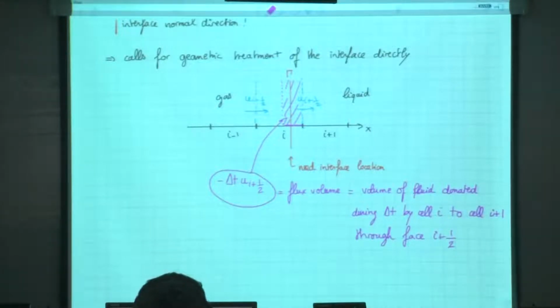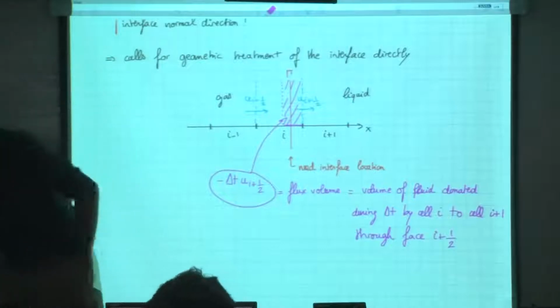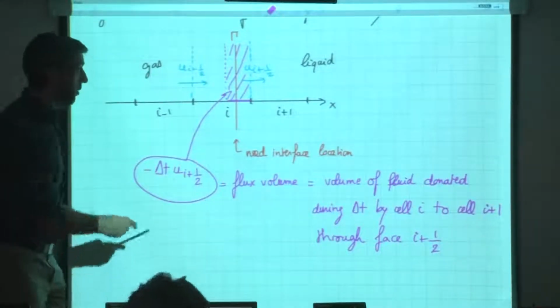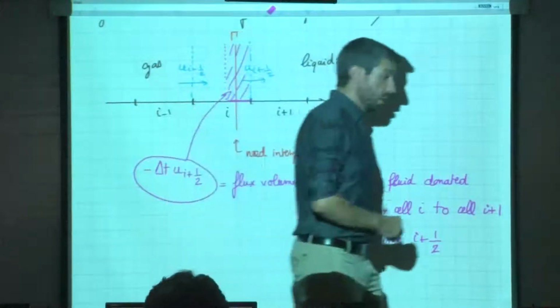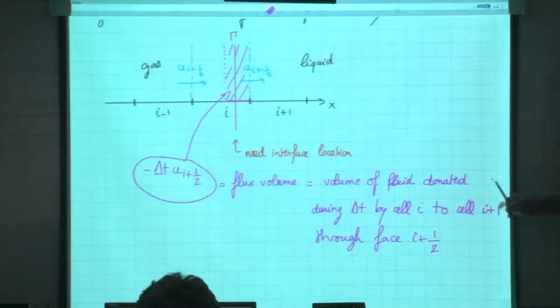So those are simple geometric statements regarding how this interface or how the flow moves through our cells.